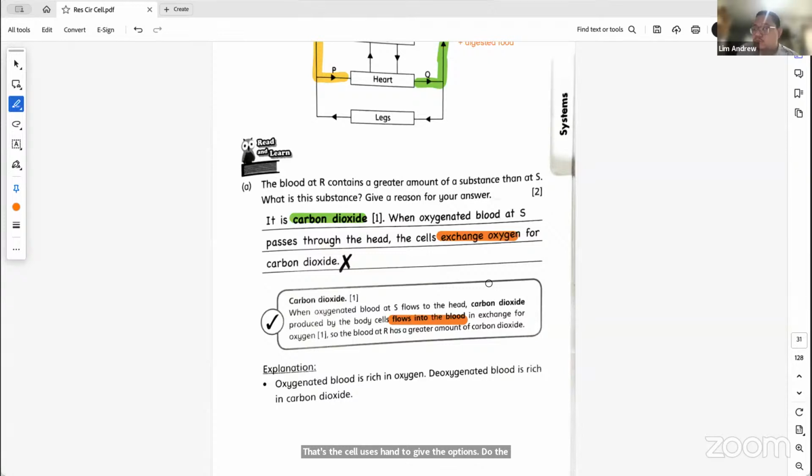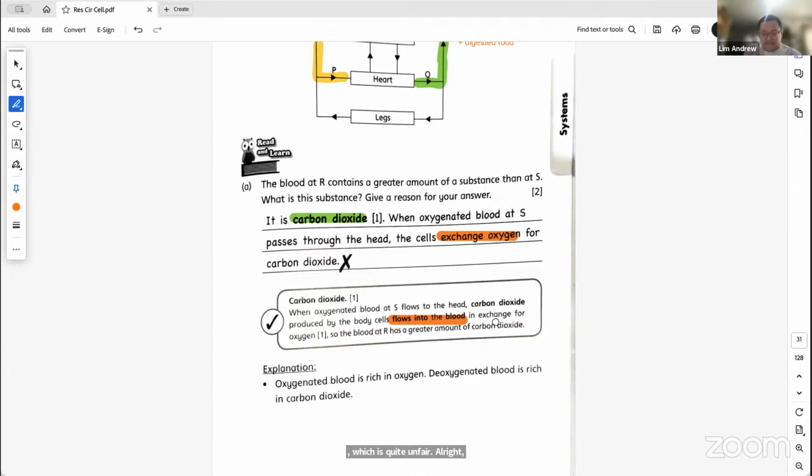Is it flowing through, or does it just stay there and wait for a delivery man to collect? So therefore, the keyword is "flows into the bloodstream." Please, this is important. Do think of keywords. Any wrong keyword that you write will cost you a mark, which is quite unfair, and not very nice to see when you have studied hard for the examination.